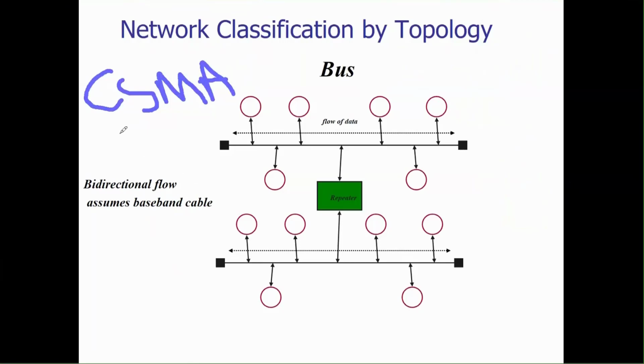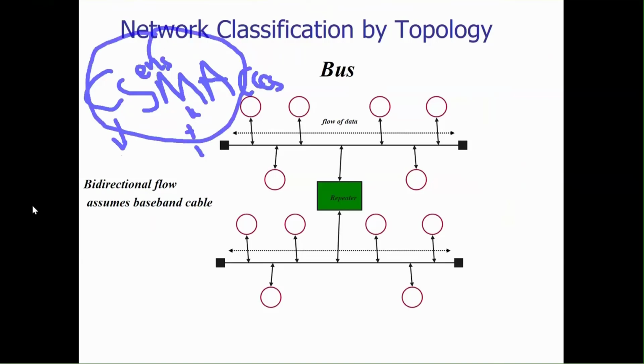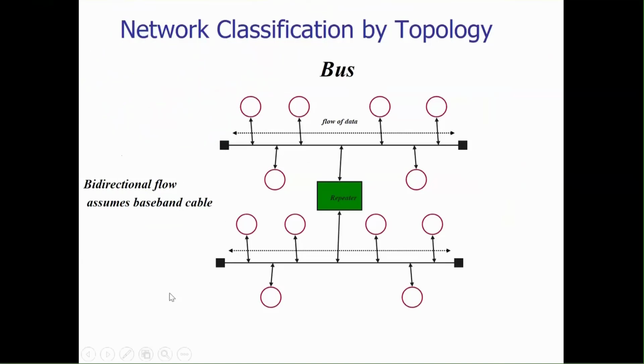Carrier sense multiple access. So this is an algorithm. We'll talk about it more later on, but carrier sense multiple access is what allows us to avoid collisions. Yes, good question and answer. Very good.